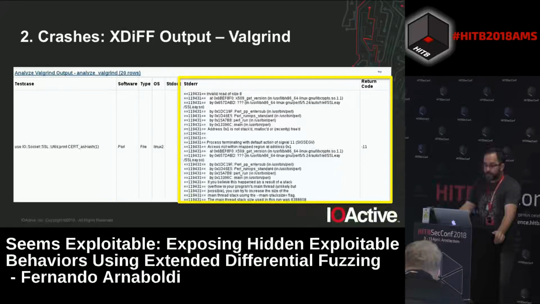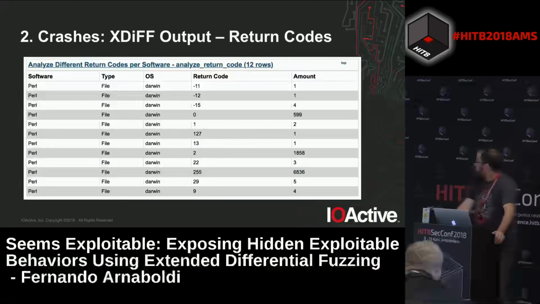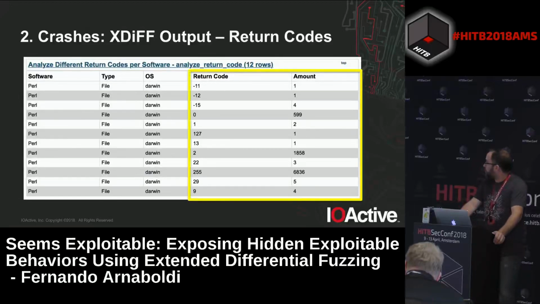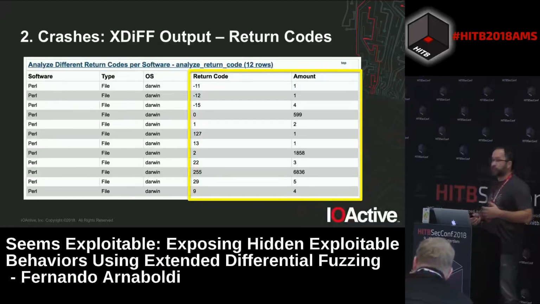So another possibility, instead of analyzing the output of the debugger, you could also detect the different return codes by the software. Perl is a case by itself. I just put this in here because it's weird, the amount of different return codes that it has. Sometimes you can even detect weird behaviors of software when you're checking the return codes.